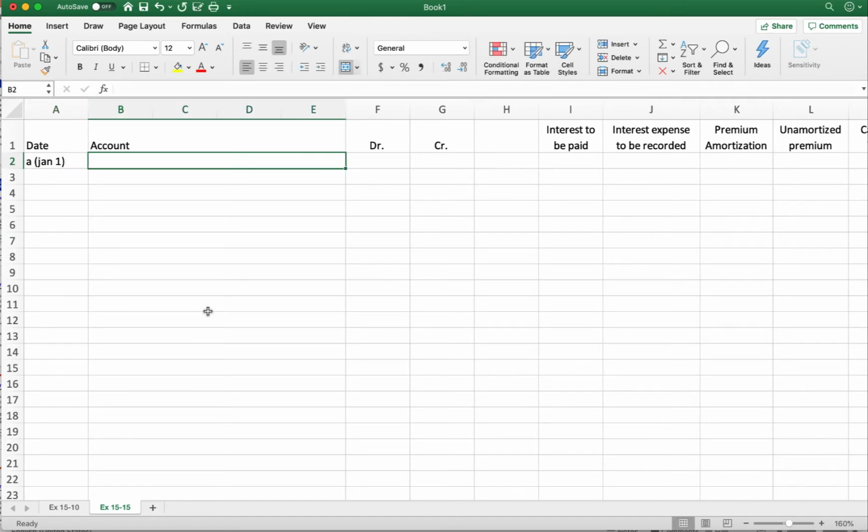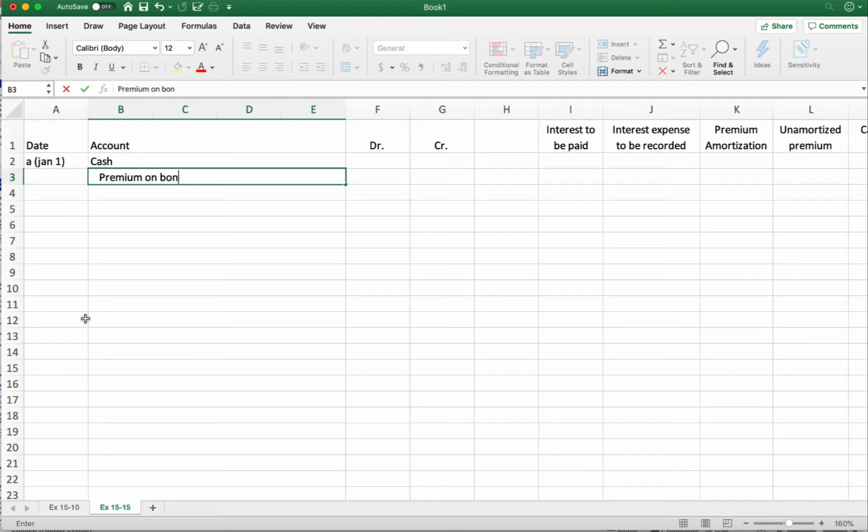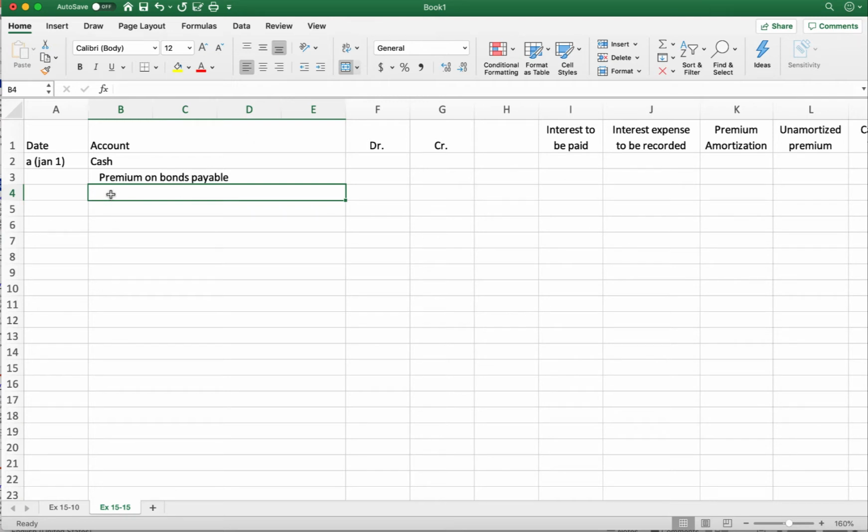You know right off the bat, I am issuing a bond at a premium. I need to debit cash. I need to credit premium on bonds payable, and I need to credit, obviously, bonds payable, because I'm issuing the bond.